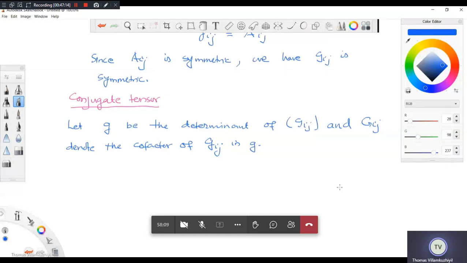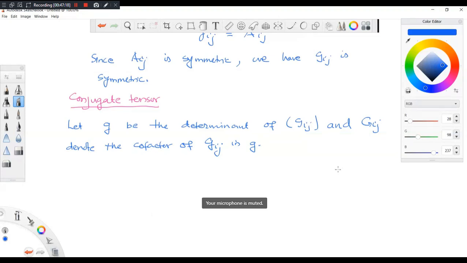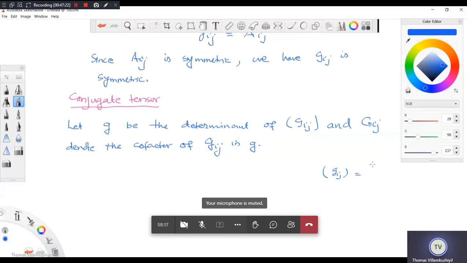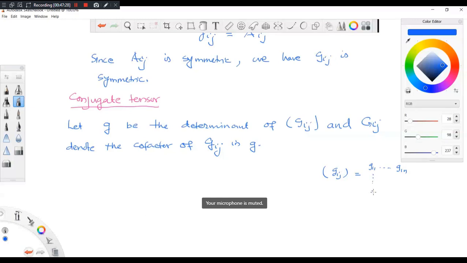Okay, so look at the notations. gij, so I just write down gij. What does this mean? gij means g11 etc. g1n, g22 etc. gn1 etc. gnn. So this matrix is called gij. What is G?